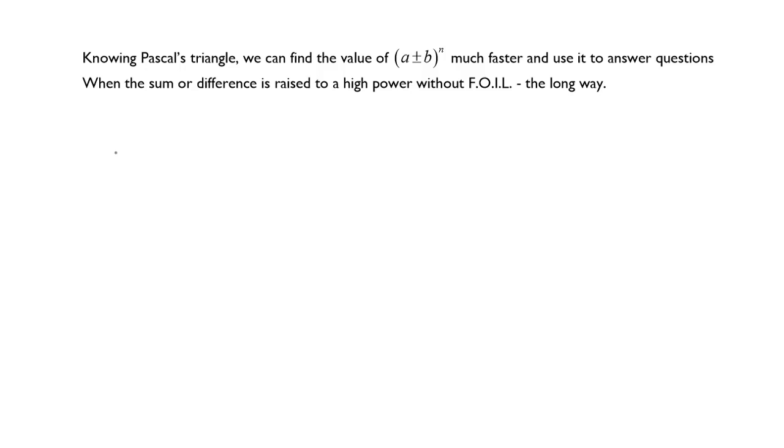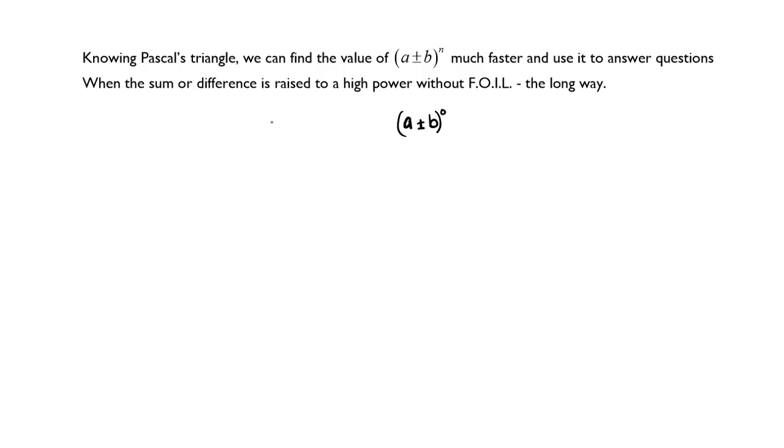We can find the value of a plus or minus b, that quantity raised to the n power, much faster, and use it to answer questions when the sum or difference is raised to a higher power without foiling, the long way.